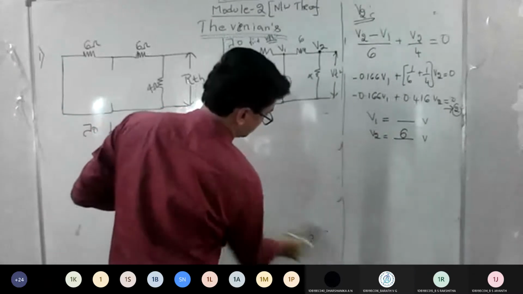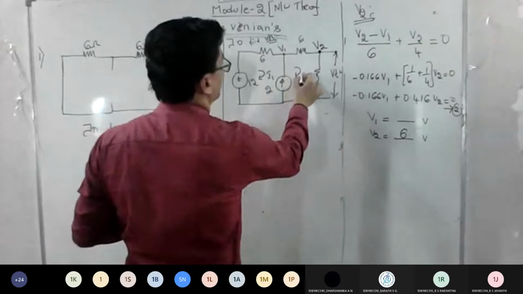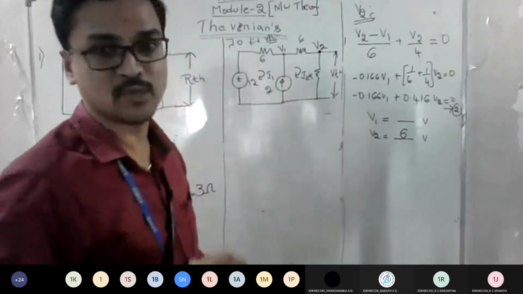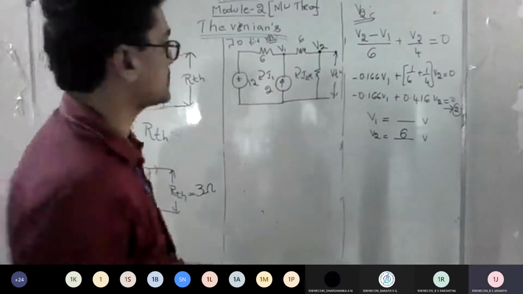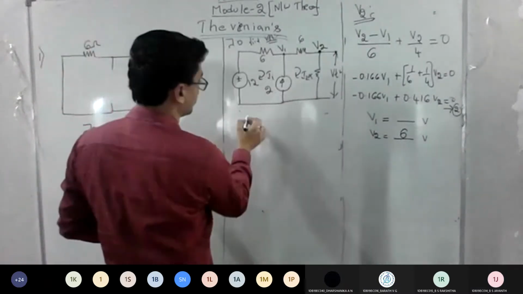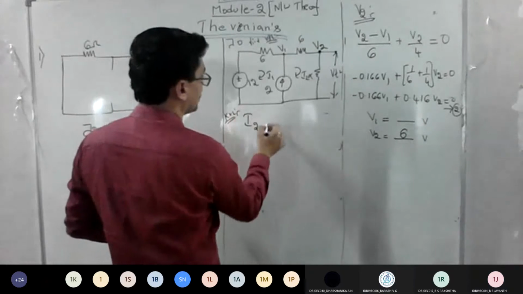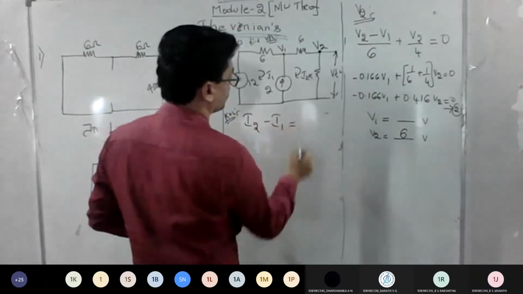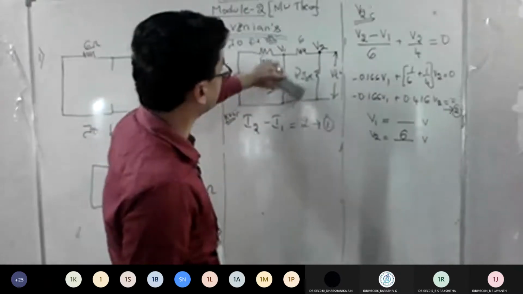We'll get the same answer. So if you take this as I1, this will be I2. So it is this concept of super mesh. What is the first equation? So I2 is matching, right? If you apply KVL, I2 minus I1 equals 2. This is the first equation. Then you can eliminate this.